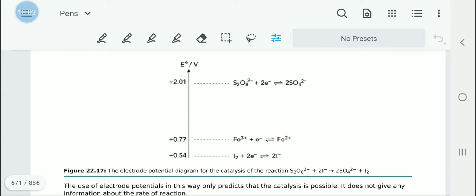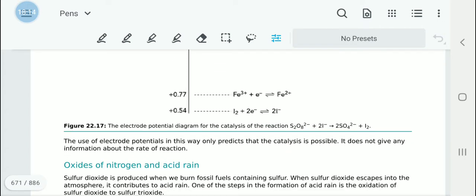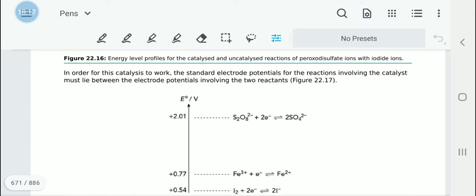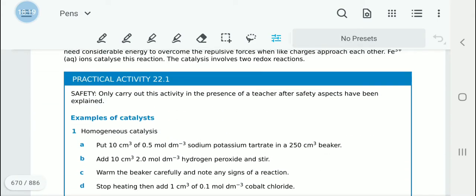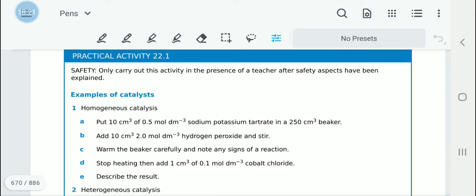In this, the Fe3 plus Fe2 plus conversion lies in between, therefore catalysis is possible. Right. Now, when we look at the practical activity 22.1, this is how we can do this.